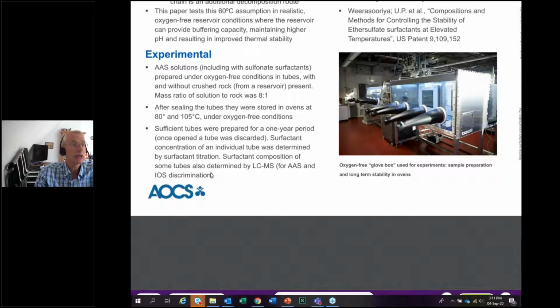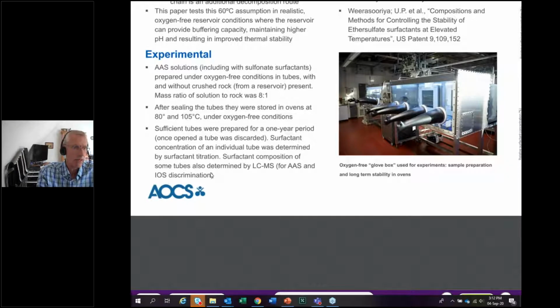The other part of the study, which is noted here in point 1 of the experimental, is that, as far as we can tell, this is new, we haven't seen this in other experiments: we've looked at the stability of this surfactant type with and without the presence of reservoir rock. So we used crushed reservoir rock in half the tubes that we set up for this stability work. The reason we did that is that reservoir rock has a huge surface area, and basically can stabilize the pH of the solution in the subsurface.